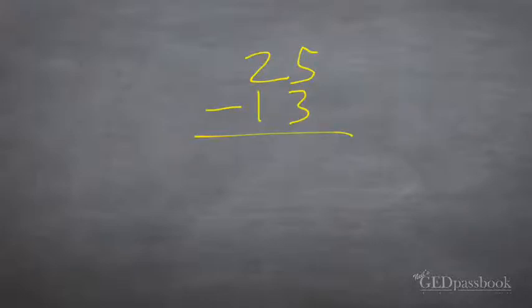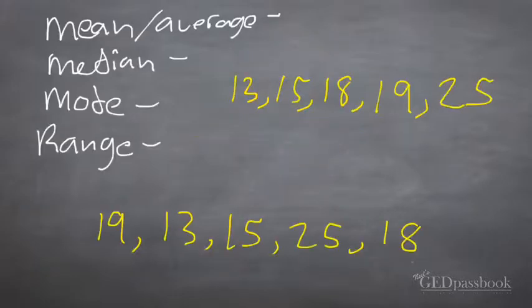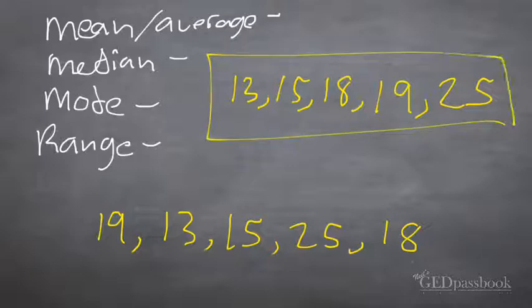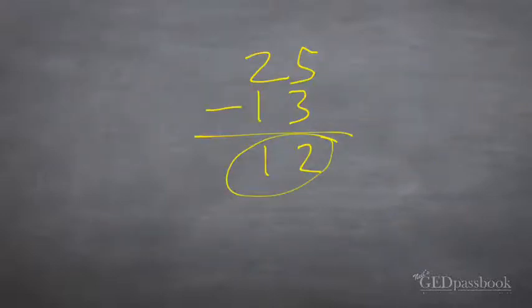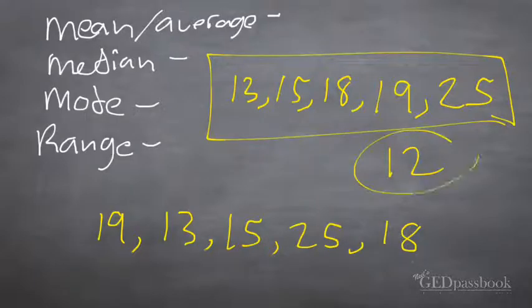What's 25 minus 13? 5 minus 3 is 2. 2 minus 1 is? So my range in this specific problem right there is 12. I have to recheck that.